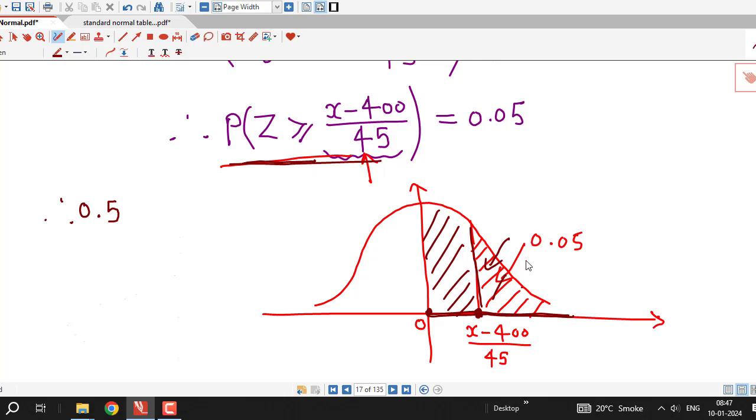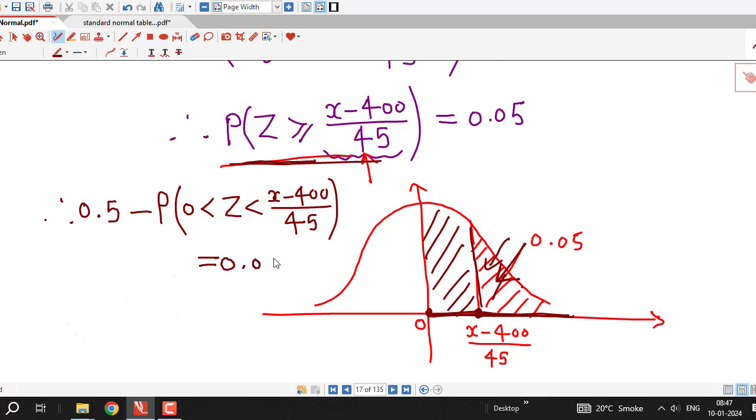I am writing this as, I have to write the expression for this. So for that, this area is total area to the right side of 0 minus area between 0 and this point, 0 less than Z less than (x minus 400) divided by 45, is equal to 0.05.